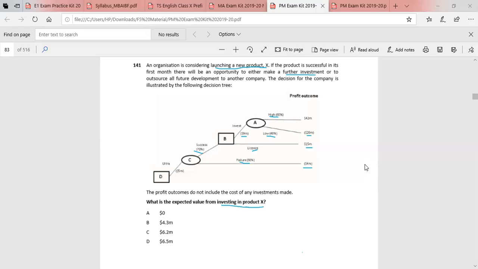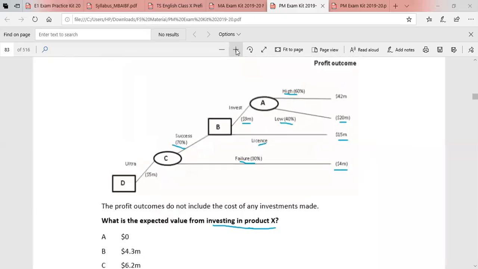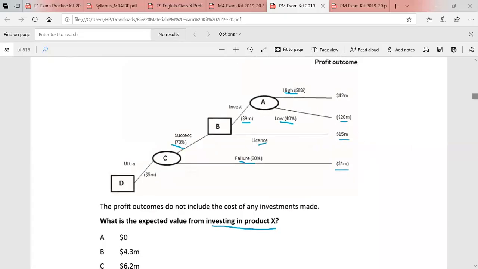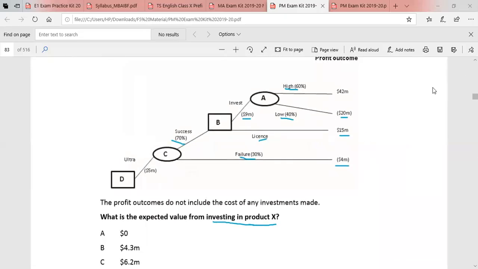So when they launch this new product X, it could be successful or unsuccessful. If the product is successful, I'll just zoom in and then you can look into this one. The chance that the product is successful or not successful is given.